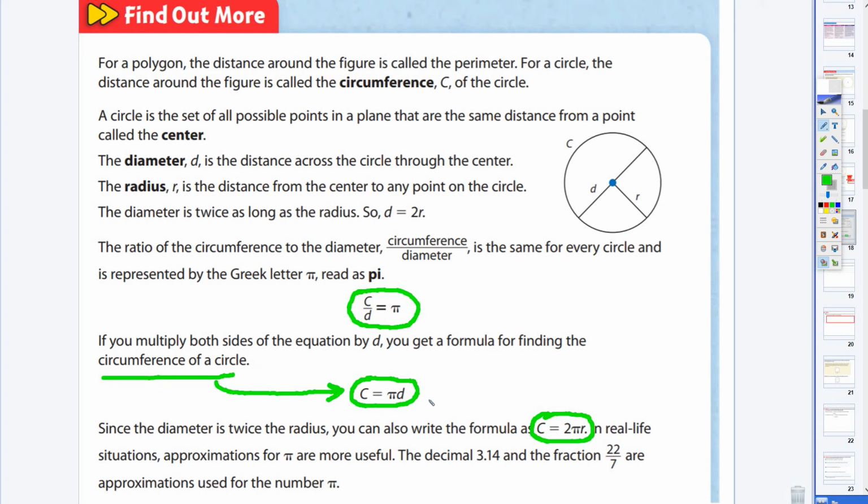Because 2 times the radius is the diameter. So these are similar. They are the same. In real life situations, approximations for pi are more useful. The decimal 3.14 and the fraction 22/7 are approximations used for the number pi to solve problems.